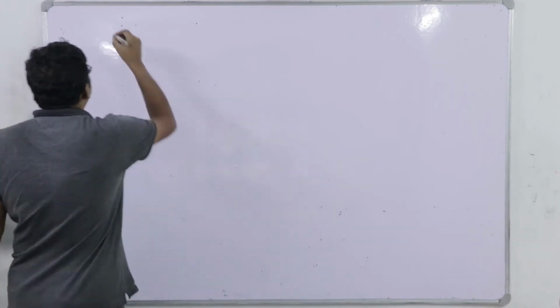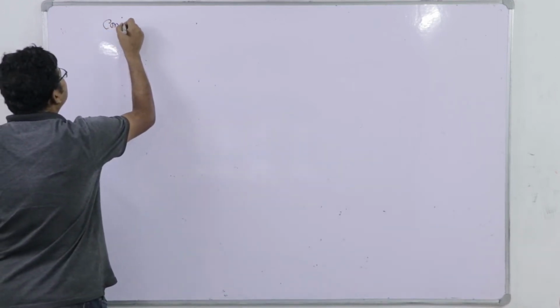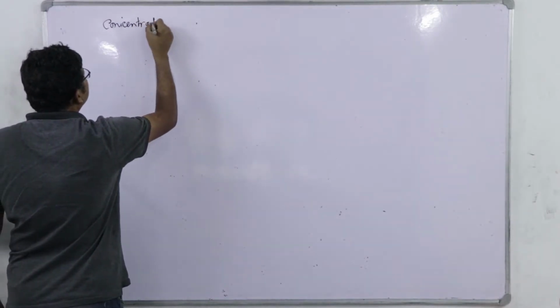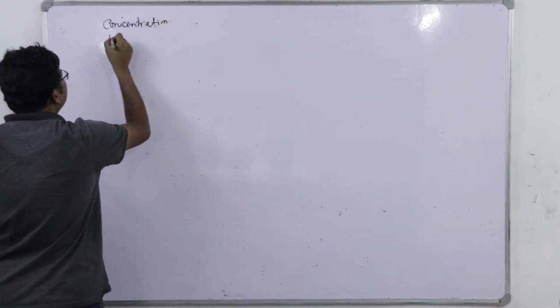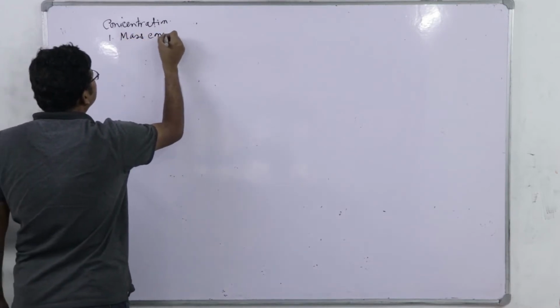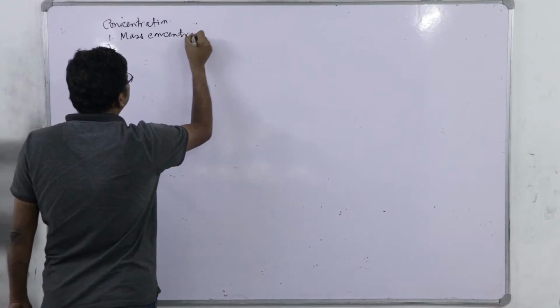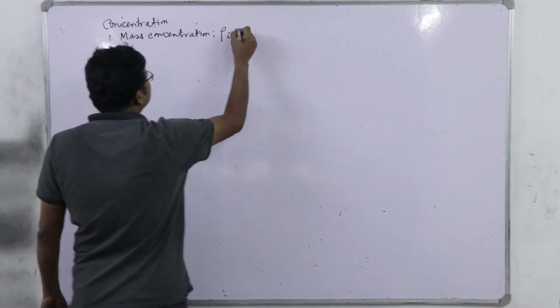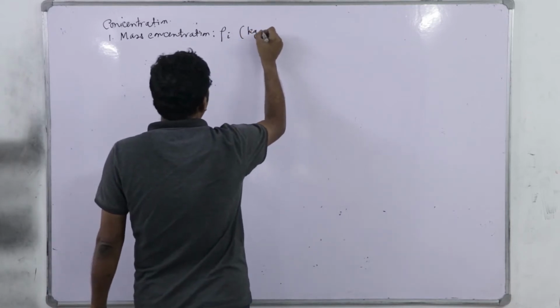So, you see that concentration we can represent as mass concentration rho i, that is in kg per meter cube.